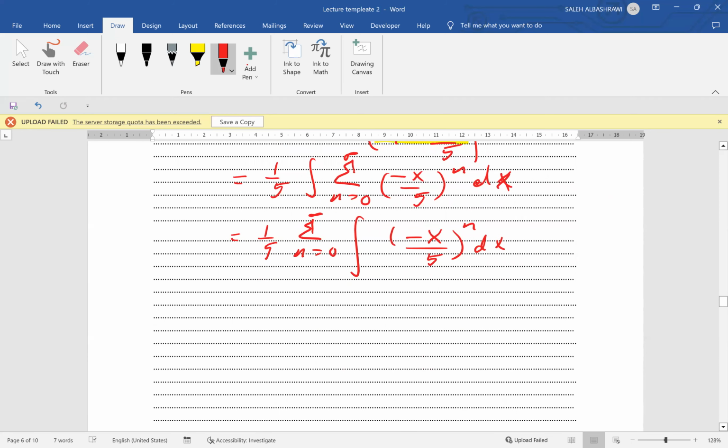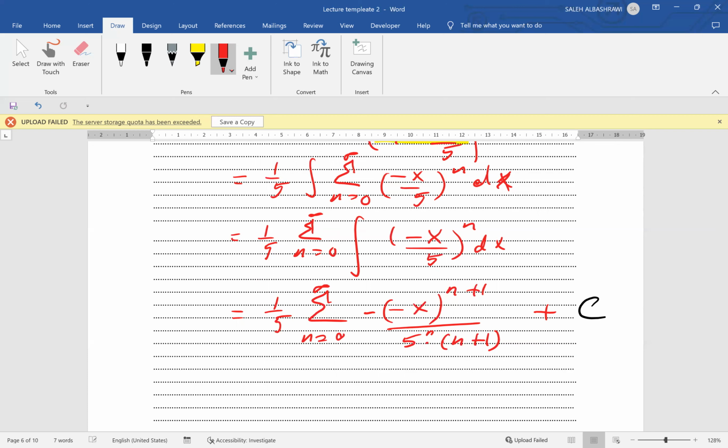Integration for this one is minus x to the power n plus 1 divided by 5 to the power n times n plus 1, multiplied by negative sign, plus a constant because this is indefinite, where n starts from 0 to infinity.